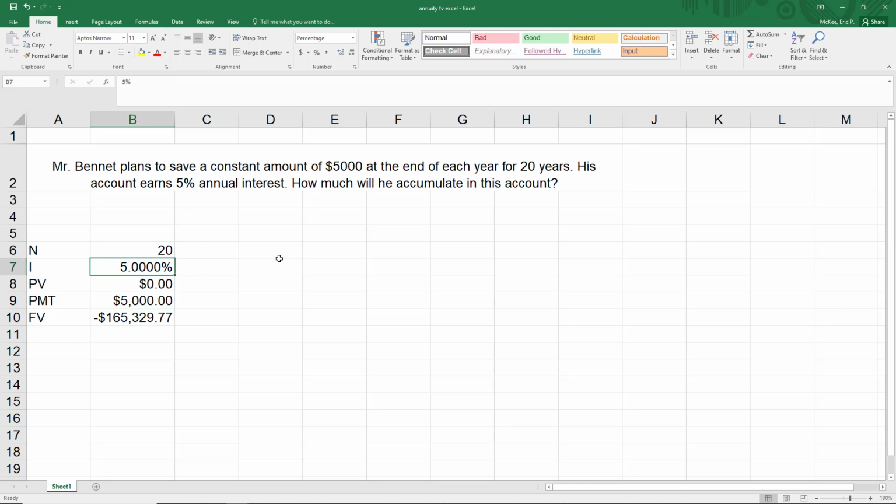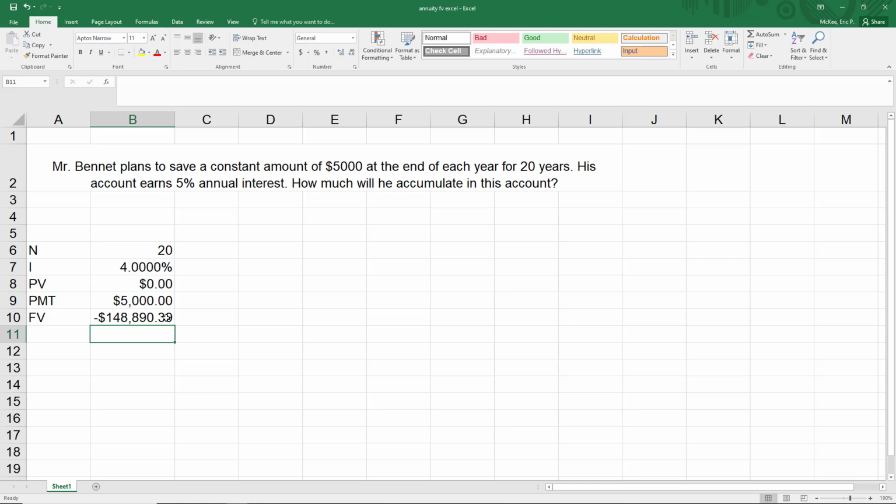Now it's 4%. So I would just go to interest rate, enter 4% instead of 5, and my future value immediately changes because it is referencing this new value here. And it is, of course, smaller because he is earning less interest every year, so his future value shrinks a little bit thanks to the lower interest rate.